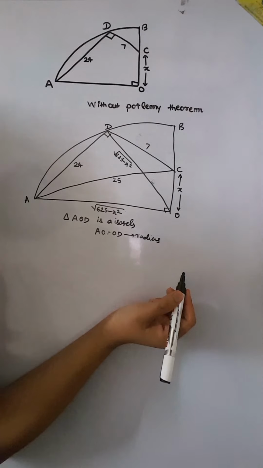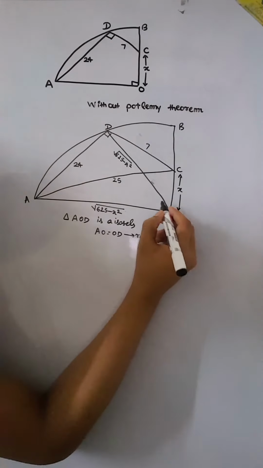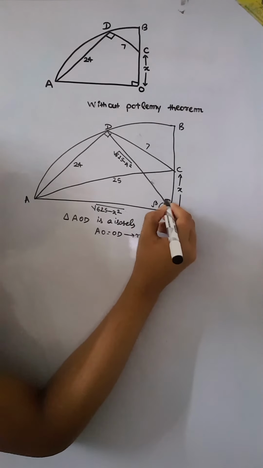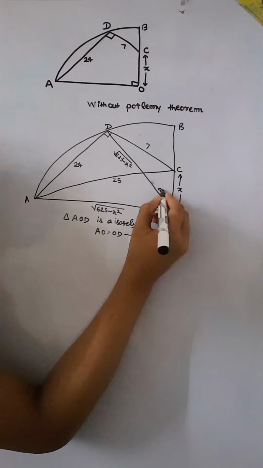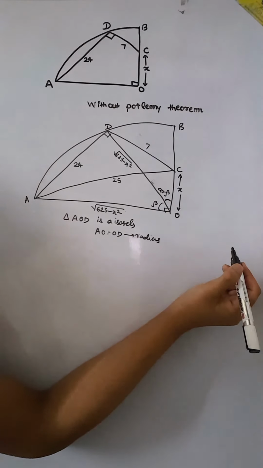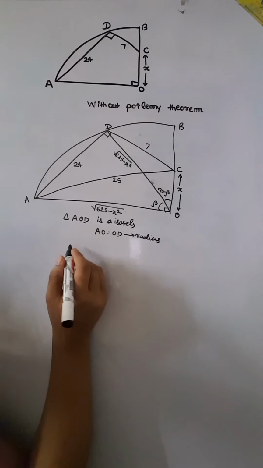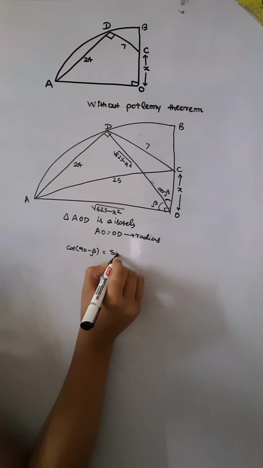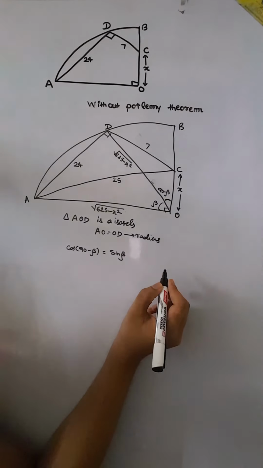And if this is the case, then if this angle is suppose beta, then this angle will be 90 minus beta, right? And we know that cos of 90 minus beta is equal to sine of beta. We know this too.